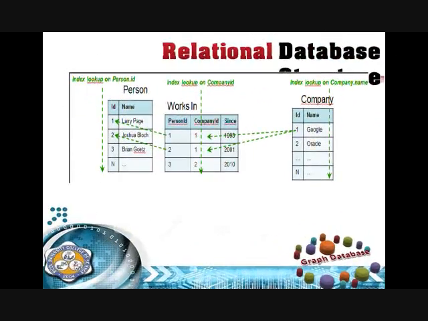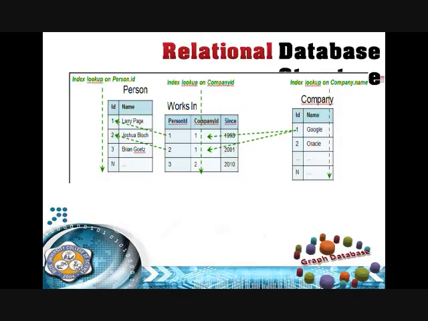Converting the same database design into a relational database structure, we have person and company tables and the associative table, or the relationship of the two tables, the person and the company. Now, for example, we are trying to find all people working at Google.